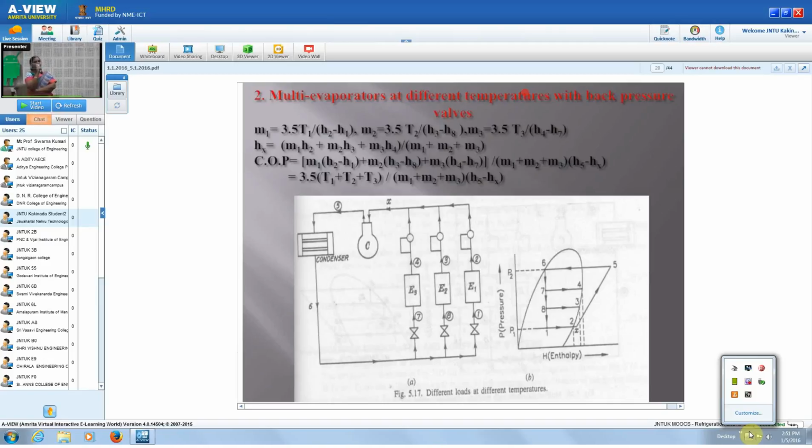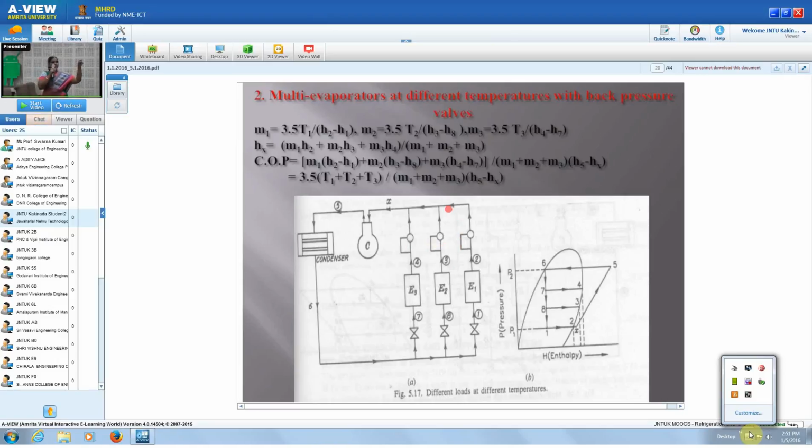Here at the suction of the compressor the refrigerant is in the state of X. X to 5 is the actual compression in the compressor, and 5 to 6 is the condenser. Then at 6 it goes into different evaporators at different temperatures.